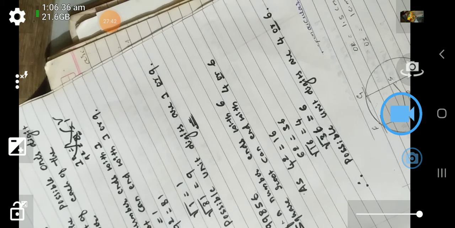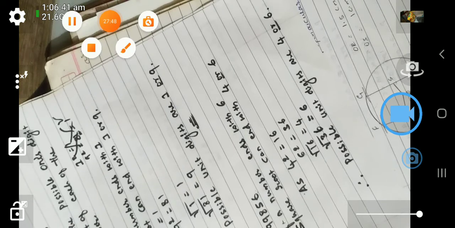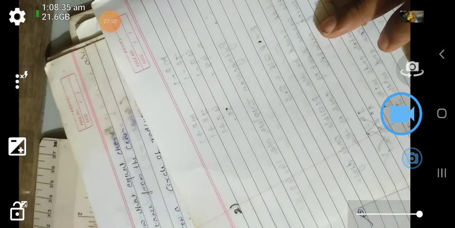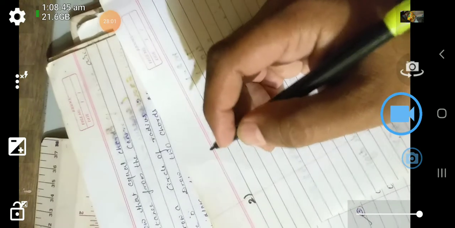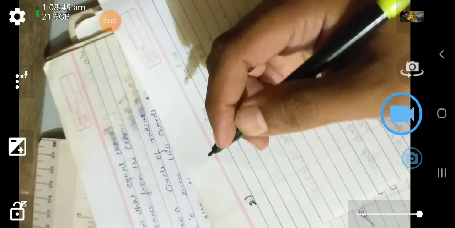Okay, so next, the third and fourth problems, you try to do at home. I'll send you the PDF also. The next problem is: without doing any calculation, find the numbers which are surely not perfect squares.